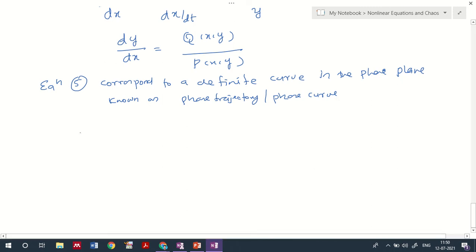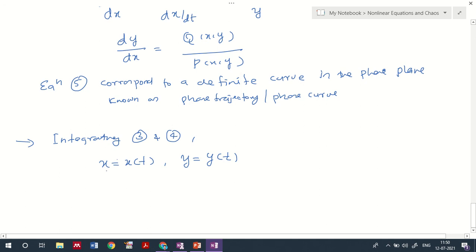Next I will move on to the case where we try to integrate. If you integrate equation 3 and equation 4, what we will get is x equal to x of t, and similarly y equal to y of t.